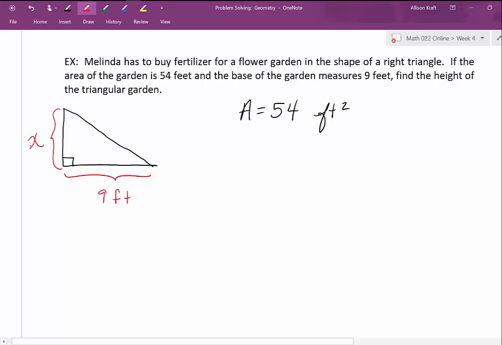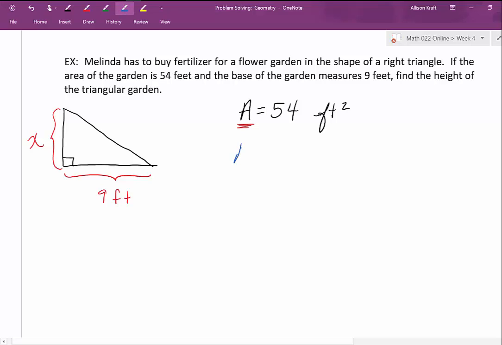A lot of times, as soon as people hear right triangle, they think Pythagorean theorem. Remember, though, that the Pythagorean theorem relates to three sides of a right triangle. We're not looking to find all three sides of the right triangle here. They've talked to us about area. We want to work with our area formula.